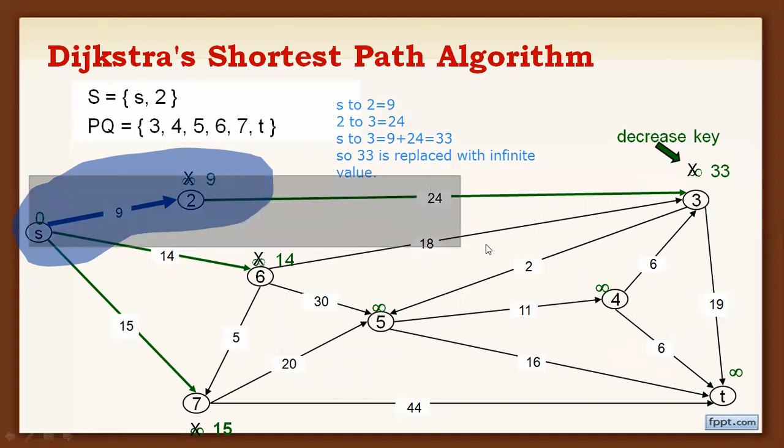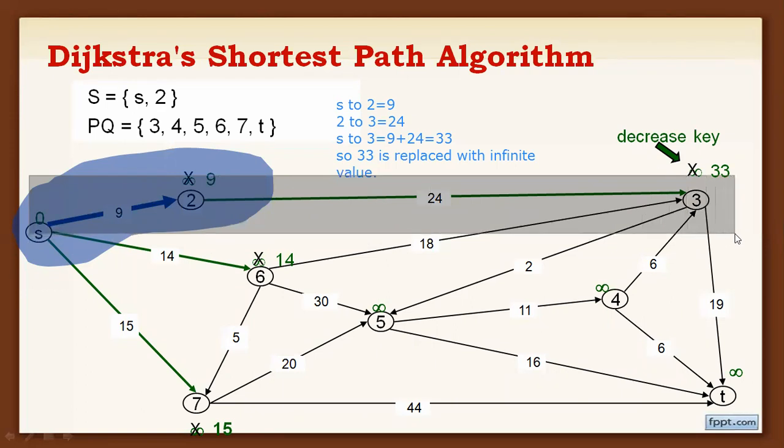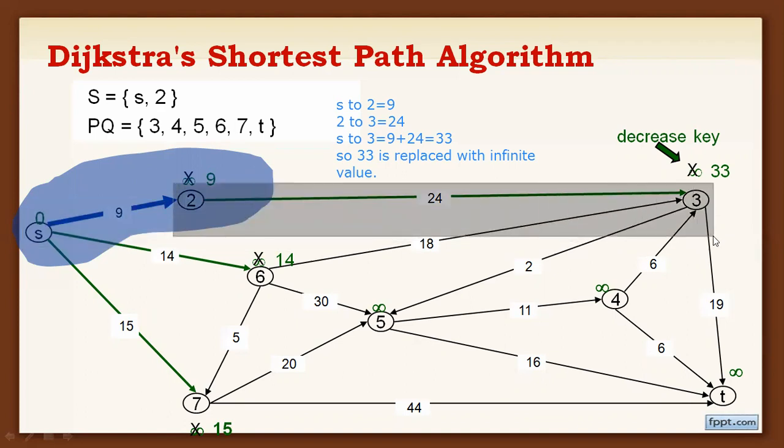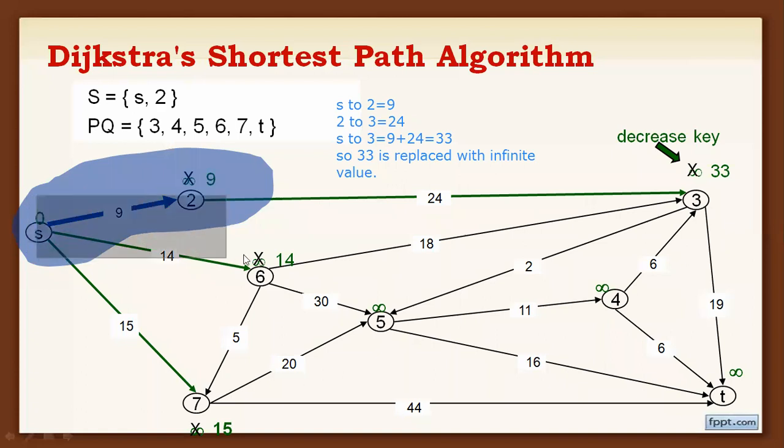If you want to consider the path from vertex S to vertex 3, first we can move from vertex S to 2, we can find out. Next, vertex 2 to 3 we can find out. And we can sum S to 2, 2 to 3, we will get 33. There is no direct path from vertex S to vertex 3, so it can be replaced through the intermediate.